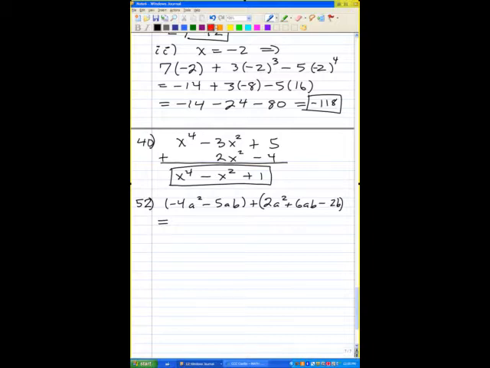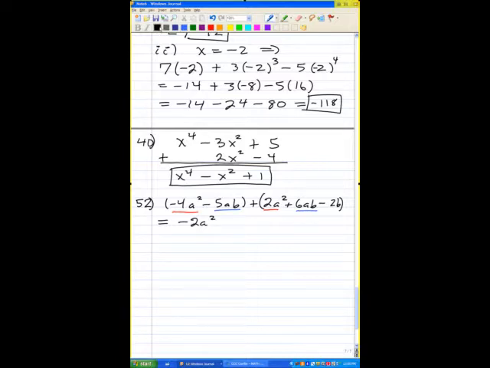So I have here an a squared term and another a squared term. So these a squared terms are alike, so let's add these up. Negative 4a squared plus 2a squared is negative 2a squared. Next, I have negative 5ab and 6ab.